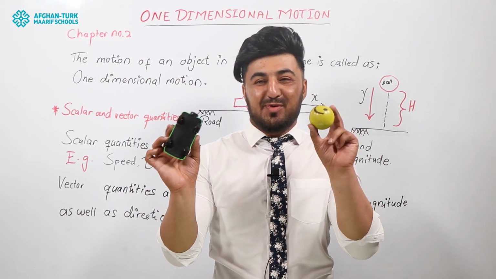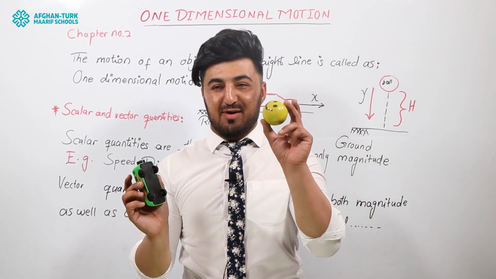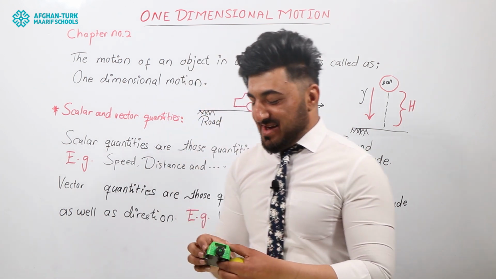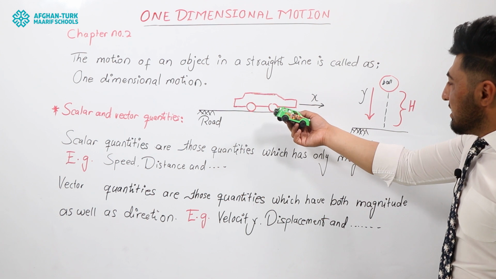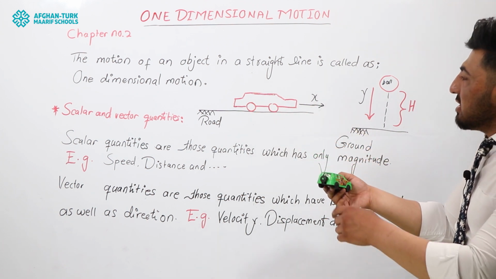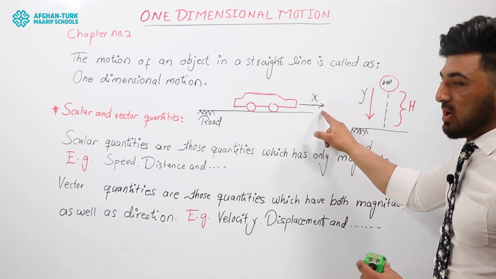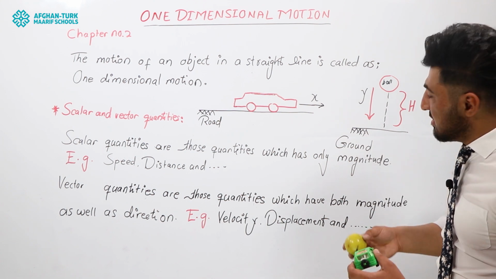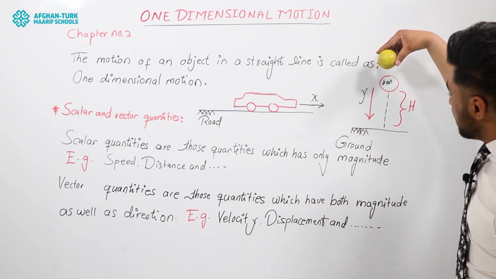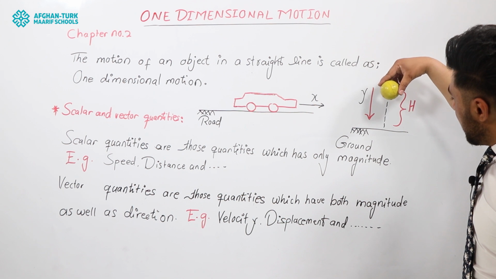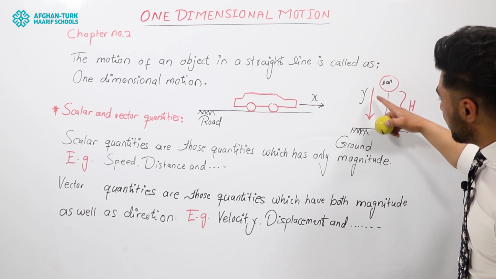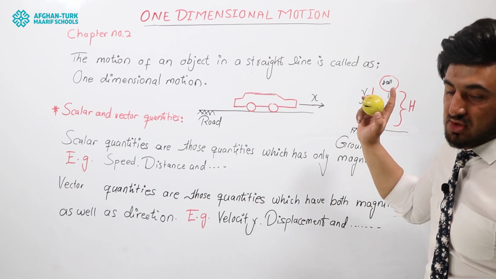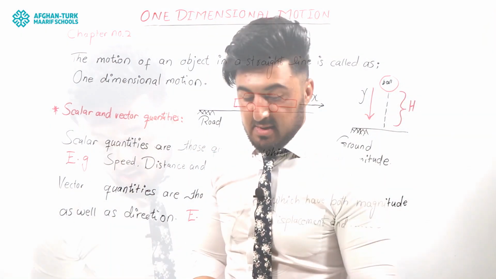Here we have a car and we have a ball. So pretend that this car is just moving like this. So it is moving only in one axis, which is the x-axis. Or this ball is going to fall down towards the ground. It will only move along one axis, which is the y-axis.